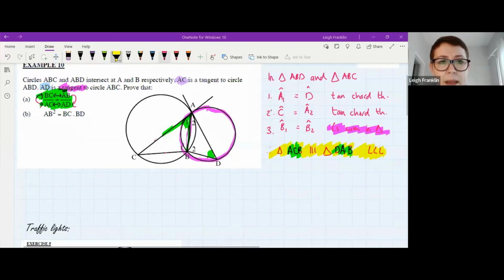Okay, let's get the pink pen. So AC, the first two letters over here, that means side AC. So side AC in triangle ACB corresponds with which side in the other triangle, Matrix? DA. Good, well done, Tobile, very nice.